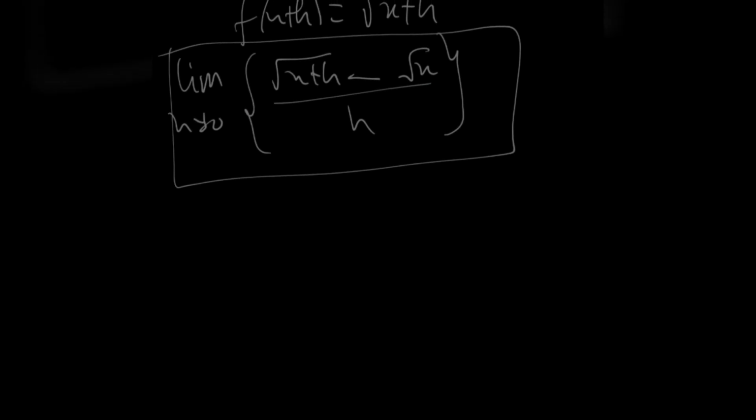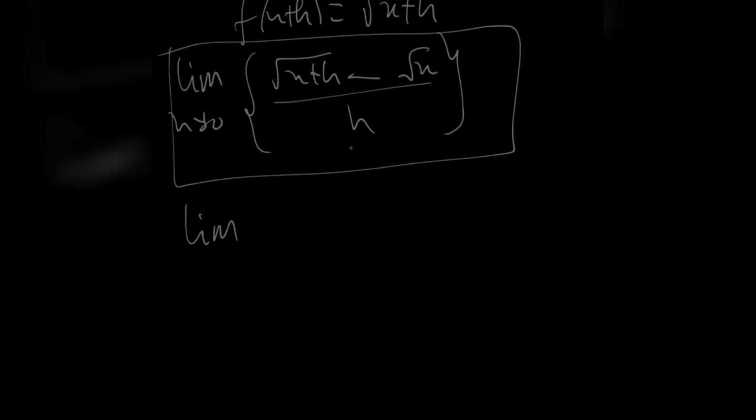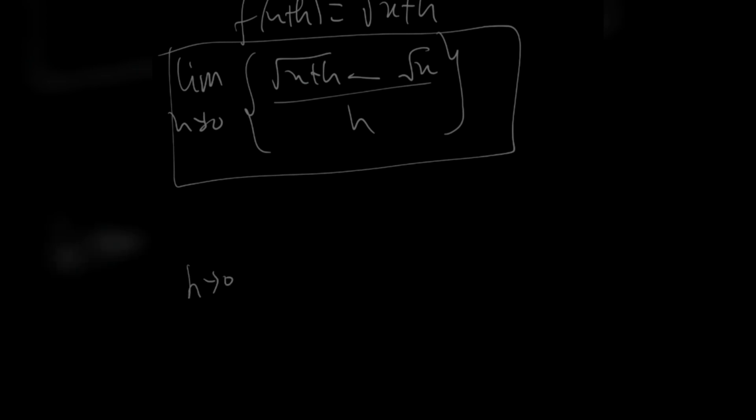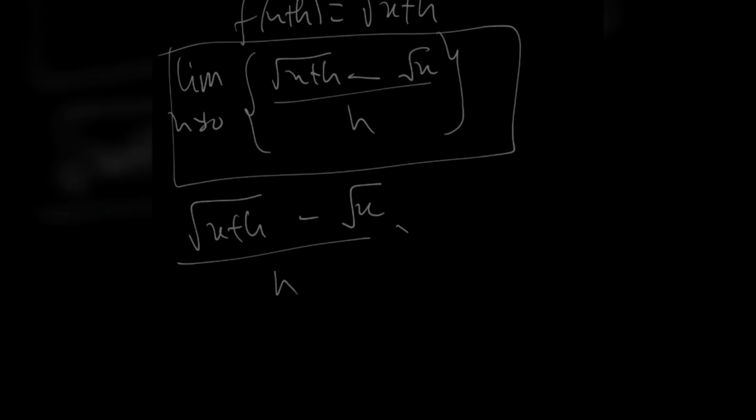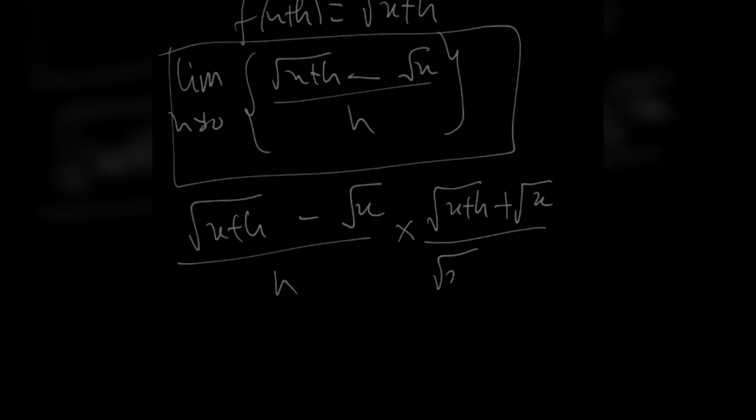Okay, now this is how you solve for this limit, because when we replace h with 0, it's going to give us an undefined value. We have to rationalize the numerator. The numerator we have is this, minus root x, all over h. So rationalizing it means you are multiplying by the conjugate of the numerator, that will be root of x plus h plus root x, same thing on the denominator.